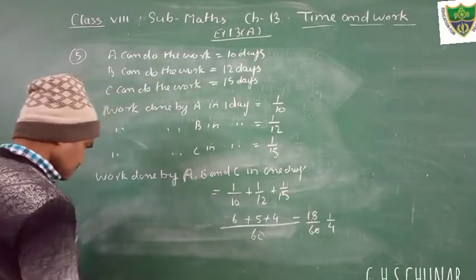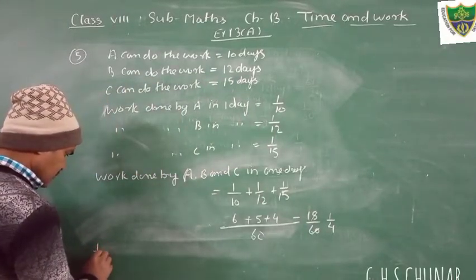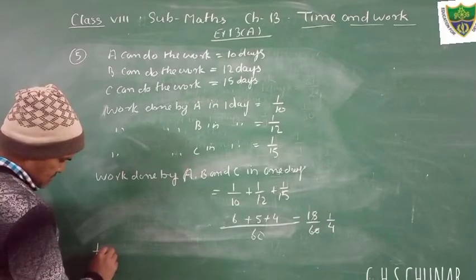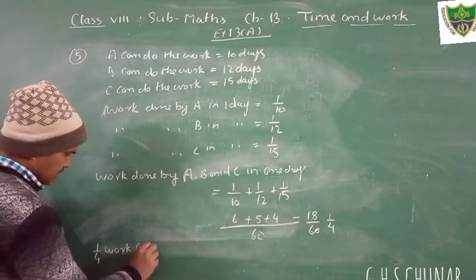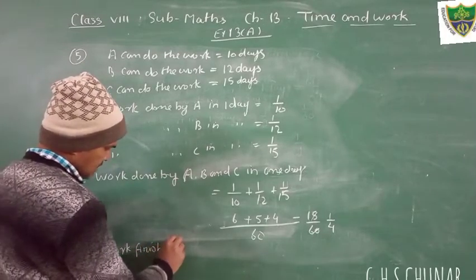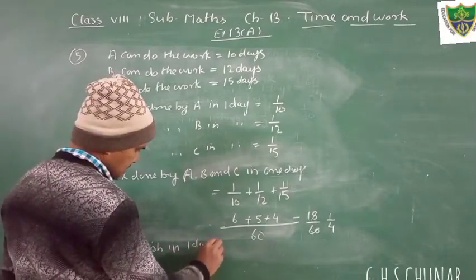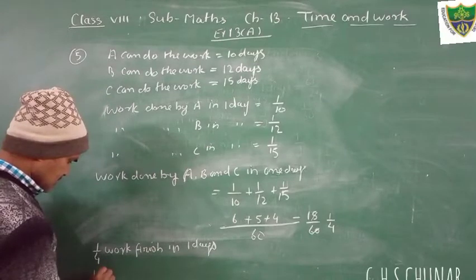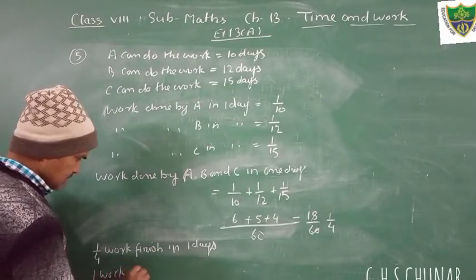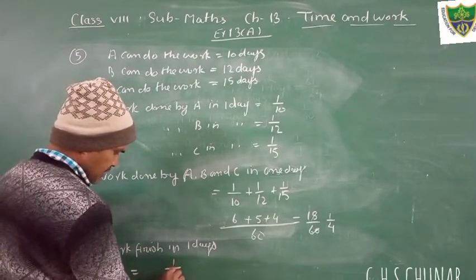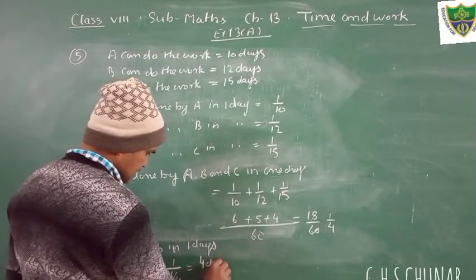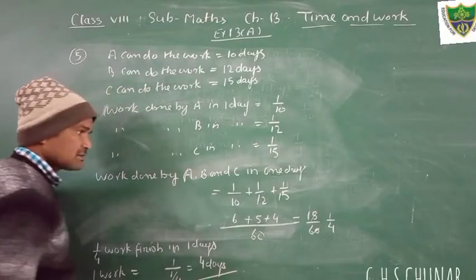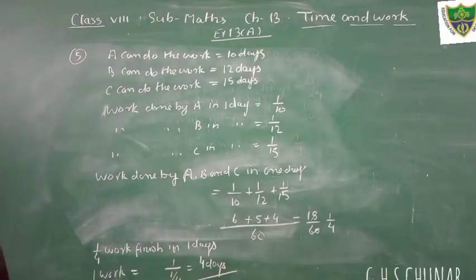So 1 upon 4 work is finished in 1 day. So 1 work, that is 4 days. They will complete the work in 4 days.